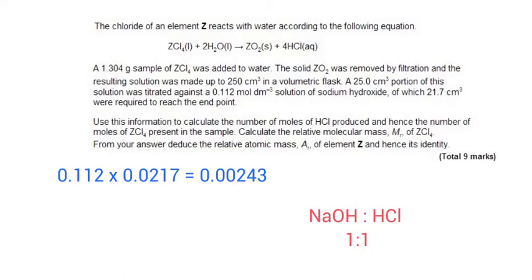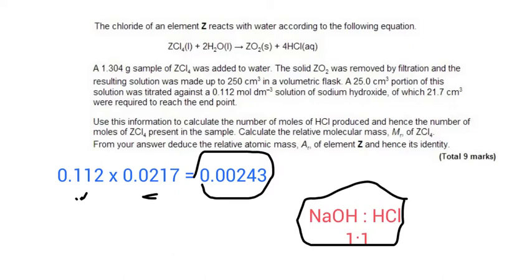So if we take our concentration here, and if we take our volume of sodium hydroxide here, that produces a final value of 0.00243 moles of sodium hydroxide. Now one key thing to remember about sodium hydroxide and hydrochloric acid reactions is that it is in fact a 1-to-1 ratio.